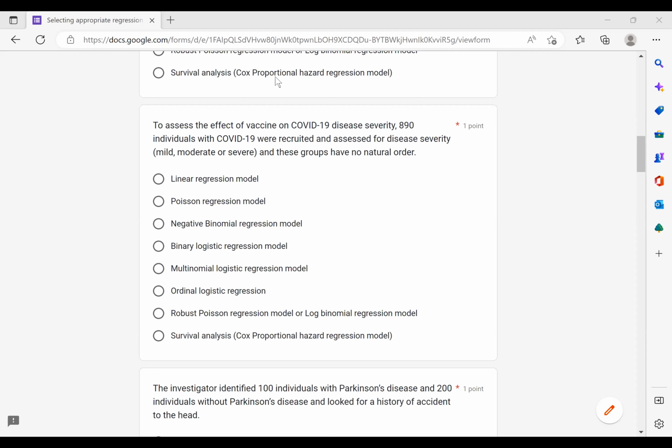So our outcome is disease severity, which is in 3 categories, and it doesn't have any natural order. It was actually one of the controversies we had at the beginning of the pandemic.